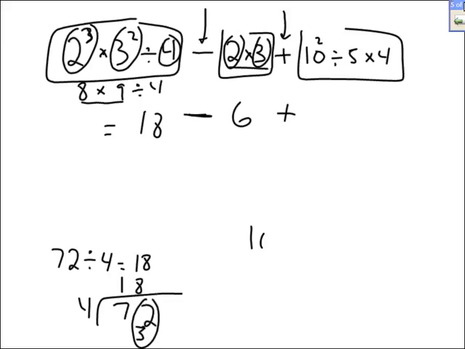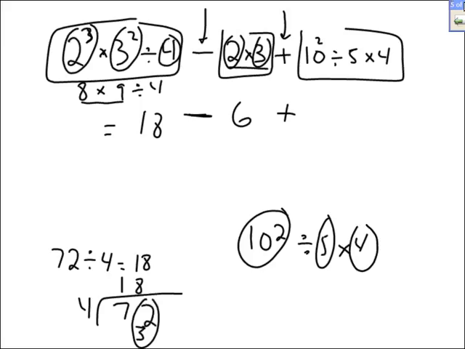Then we have 10 squared divided by 5 times 4. That is divided by this times that. 10 squared is 100, divided by 5 times 4. You do not do multiplication before division. You do not do division before multiplication.